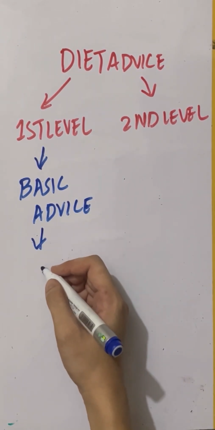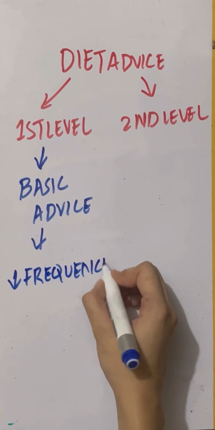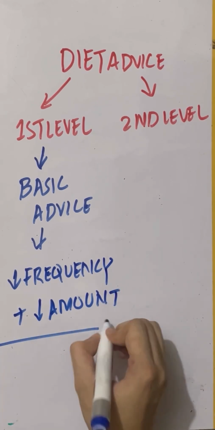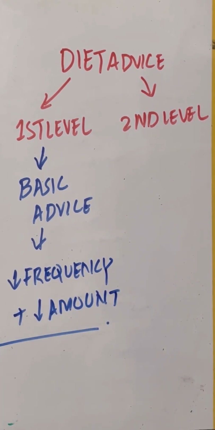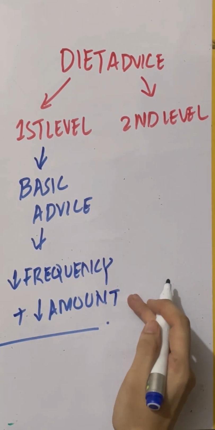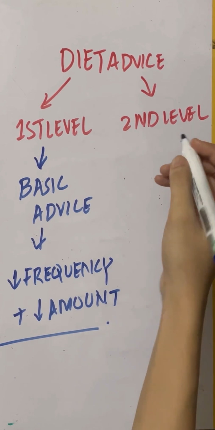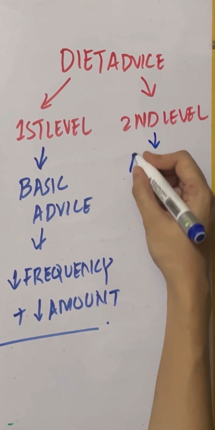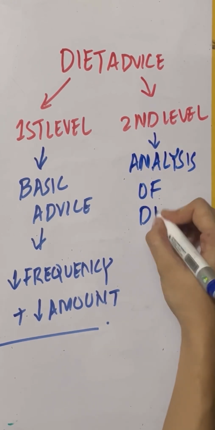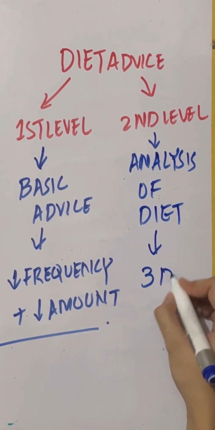The basic advice is to decrease the frequency and decrease the amount of sugary diets by emphasizing good habits. And the second level focuses on analysis of diet. It includes an activity known as a 3-day diary record.